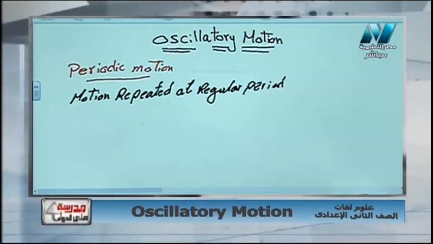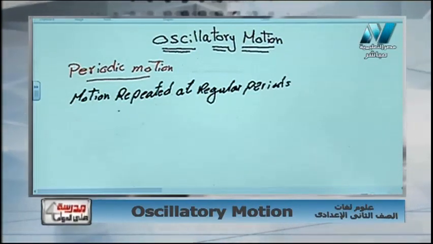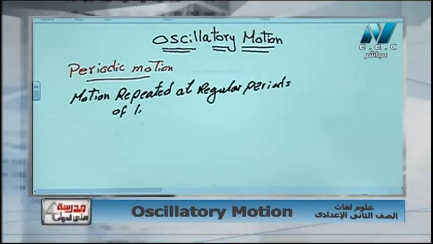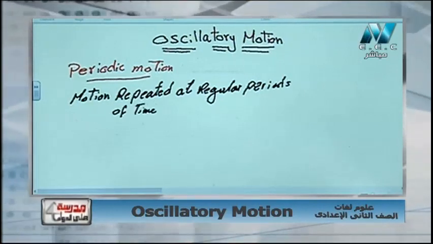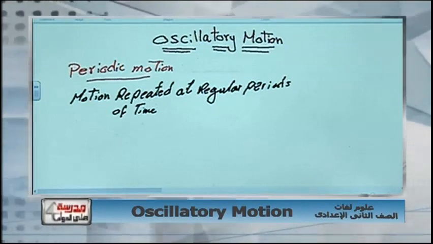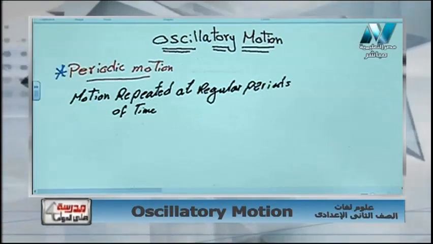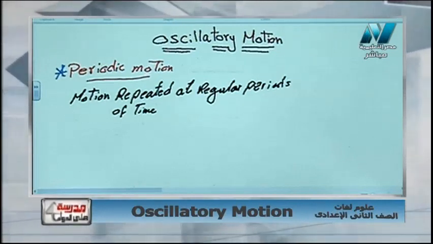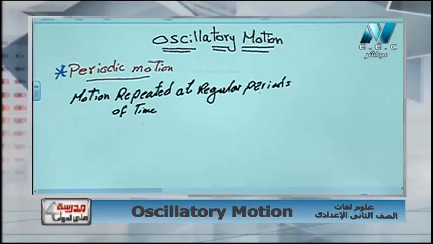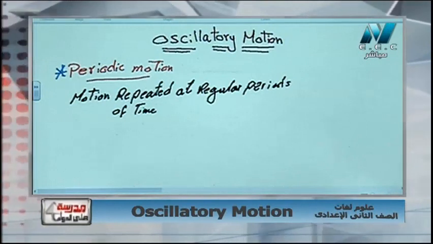Okay? So here we know what is meant by the periodic motion. Periodic motion is motion repeated at regular periods of time.